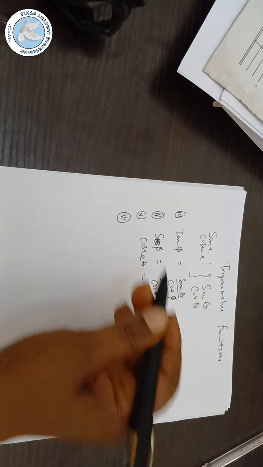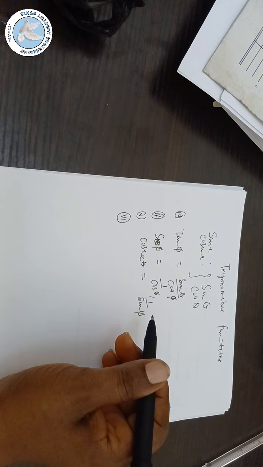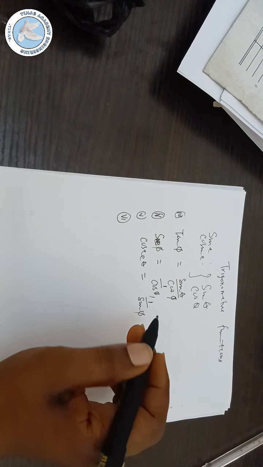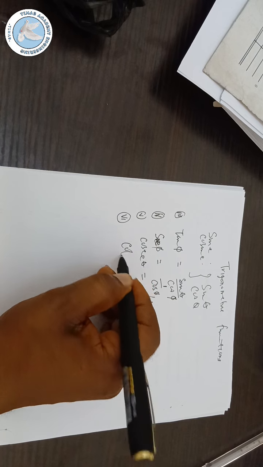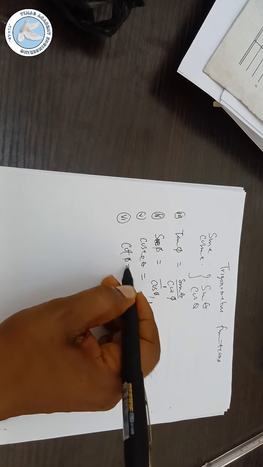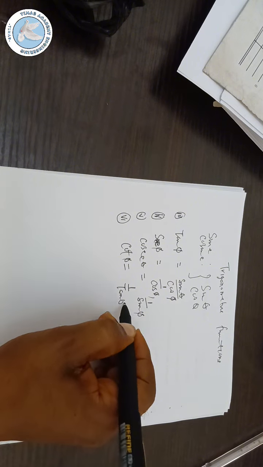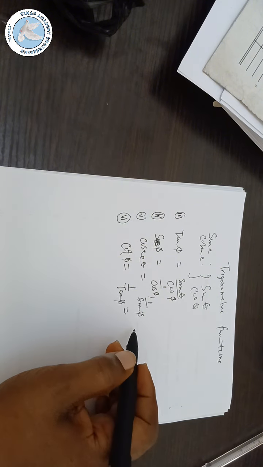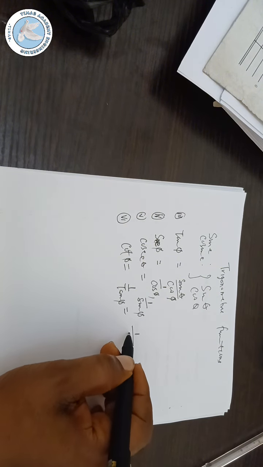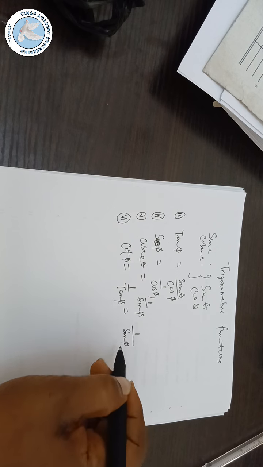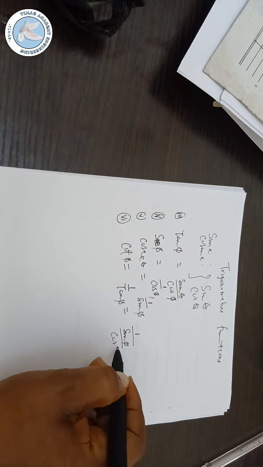We have the fifth function of trigonometry, which is cot theta. Cot theta is the inverse of tan theta, which is the same thing as 1 divided by sine theta divided by cos theta.